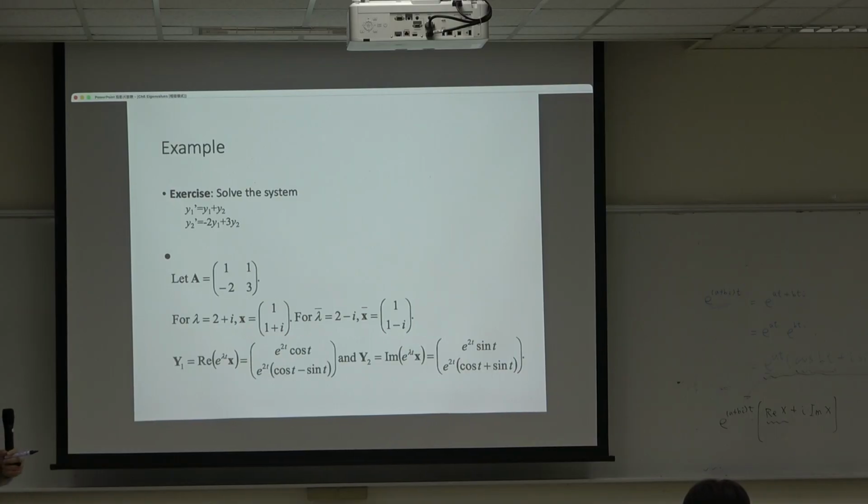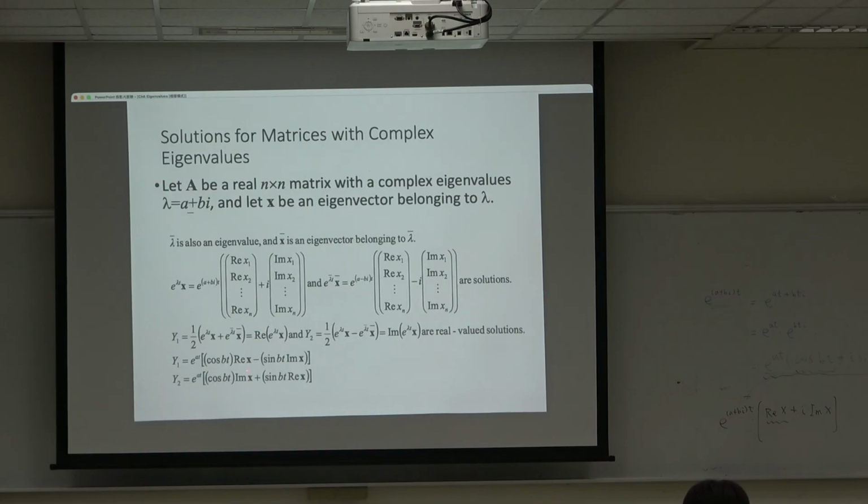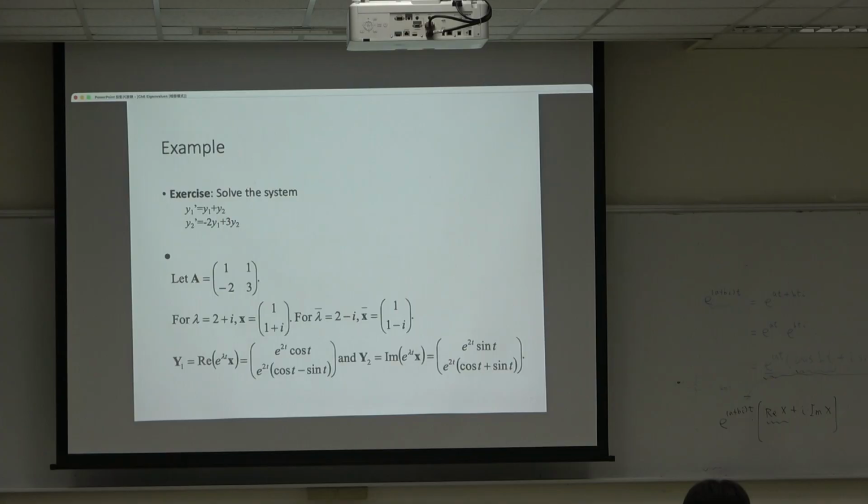I will not go into the detail, because you can do these computations easily by yourself. From our previous discussion, you just write the solution y1, y2, and basically try to plot the path and the solution like that.